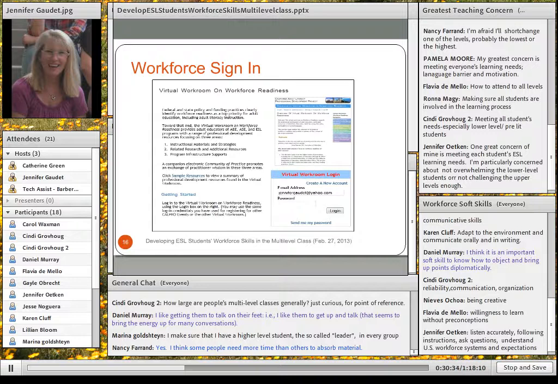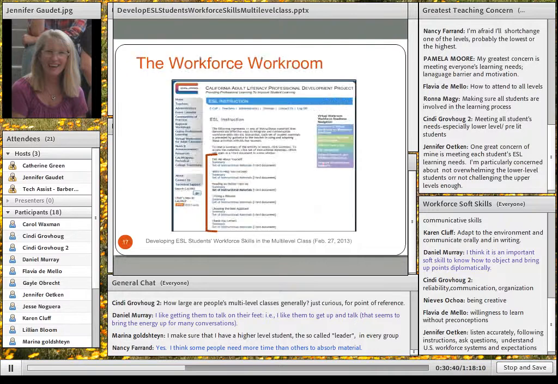Okay. And then when you enter the Workforce Workroom, this is part of what you'll see. With the red outline there, these are some of the lessons you can get. Okay, and 3 of those we'll be using today.